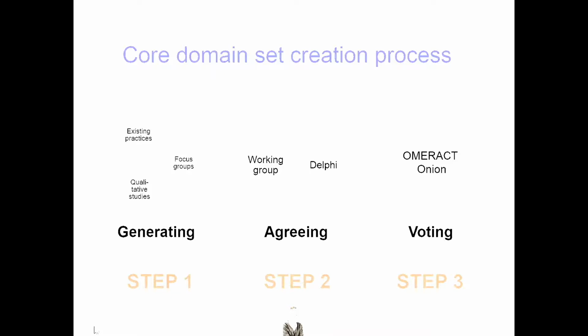You have to prioritize and find out what are the most important domains. Then finally, if you have a proposed set of domains, you have to bring them into the voting process, which takes place currently at the meeting, but in the future might also be done virtually. You explain your core set to the OMERACT community and ask for their opinion and endorsement. That's what we do in step number 3.